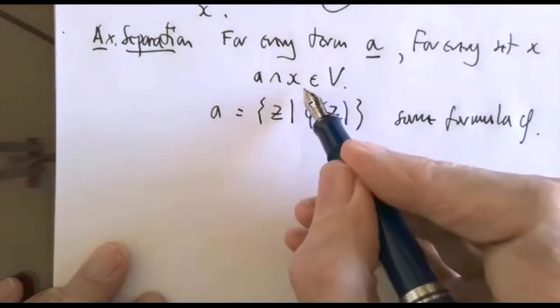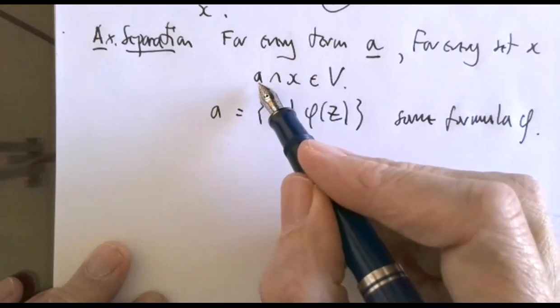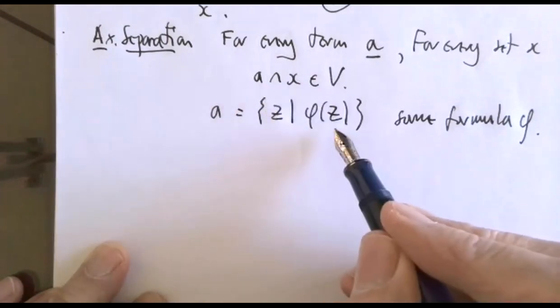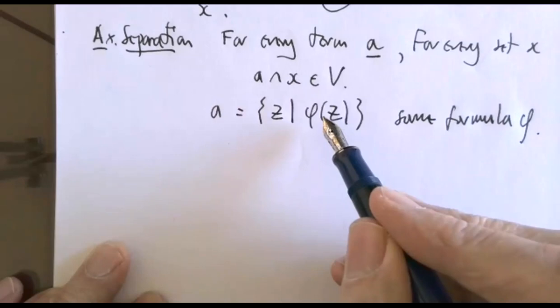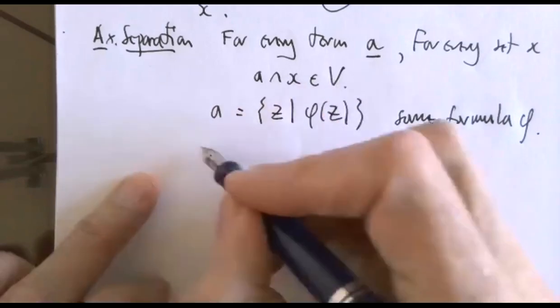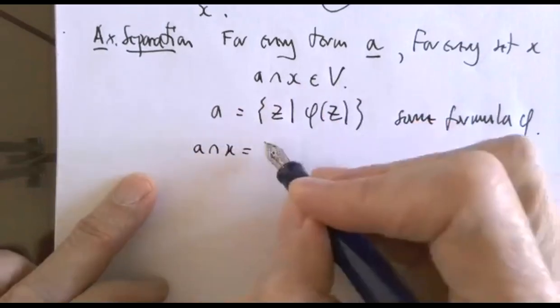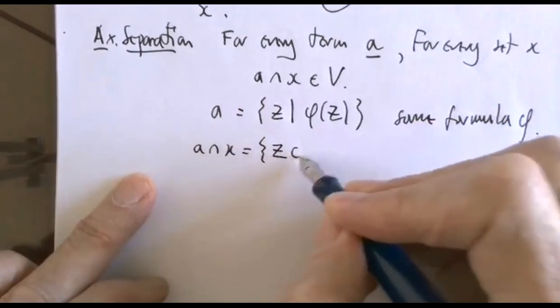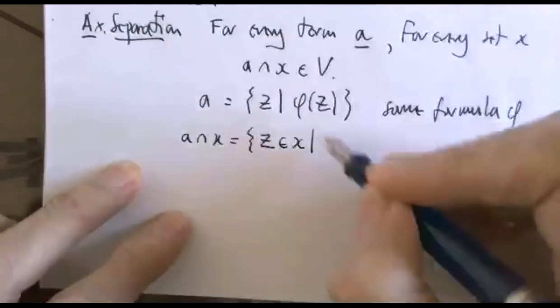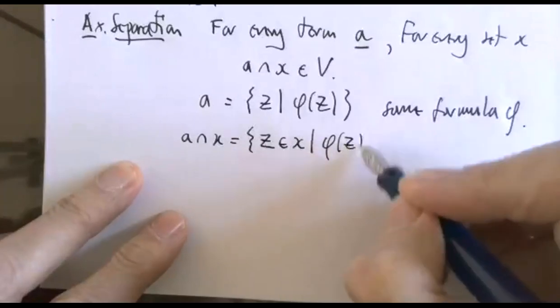So what is this saying? It's saying the collection of things that are in A, well, those are the things that satisfy phi, and they're in X. This is a set. So this is going to be the set of Z's in X, such that phi holds of Z.